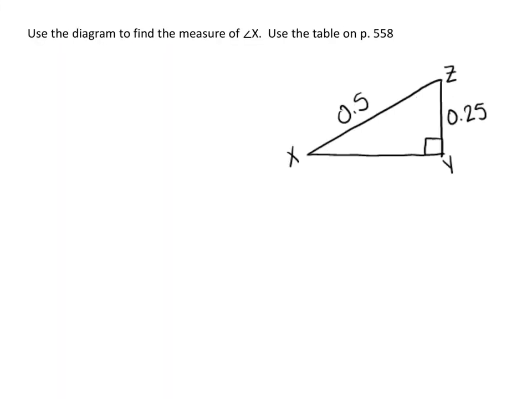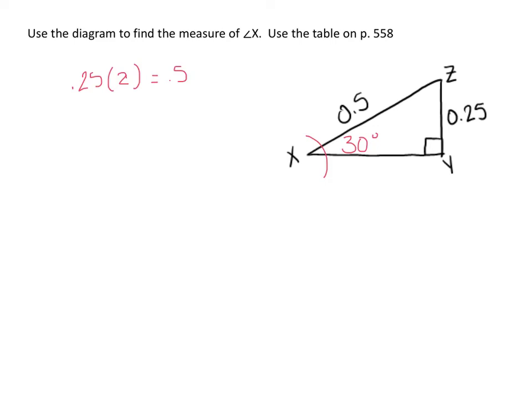The last problem doesn't give me any angle measurements, but what I can see is that the shortest side is half the length of the hypotenuse. So when the hypotenuse is twice as long as the shortest side, I know that this short angle has to be a 30-degree angle.